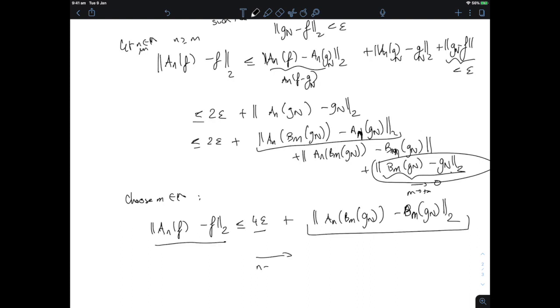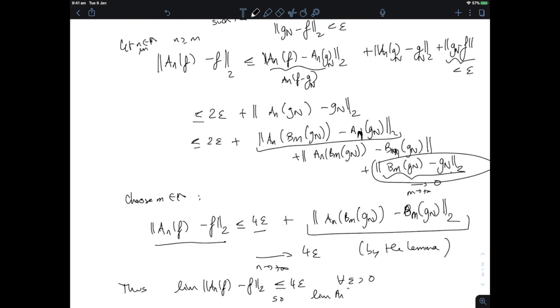And as we send n to infinity, we get 4 epsilon by the lemma that we've just proven about An Bm minus Bm going to 0 as n goes to infinity. And so what have we got? We've got that the limit of An f minus f is smaller than 4 epsilon, so it is 0, when I take the limit in L2 norm. And that concludes the proof of the theorem.